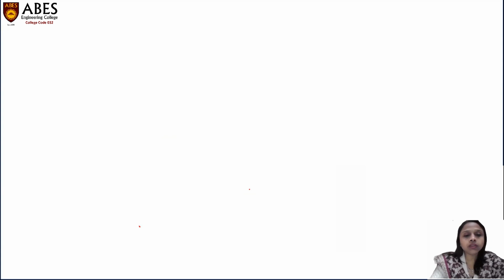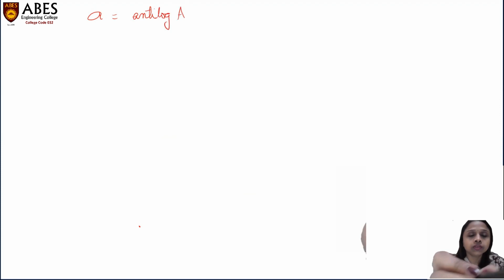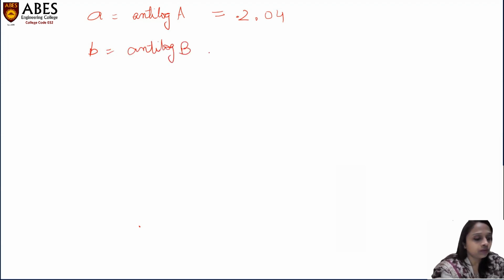After getting the values of A and B, we can find the corresponding values of small a, which is the antilog of A, and that comes to be 2.04, and small b, which is the antilog of B, which comes to be 1.995.